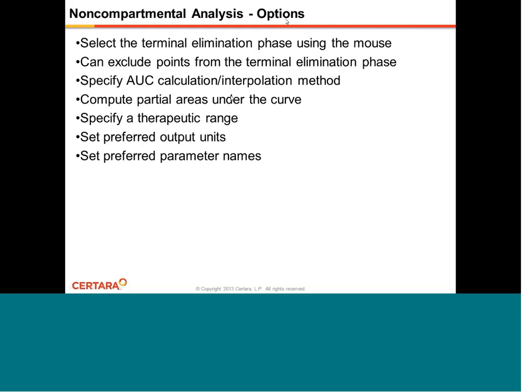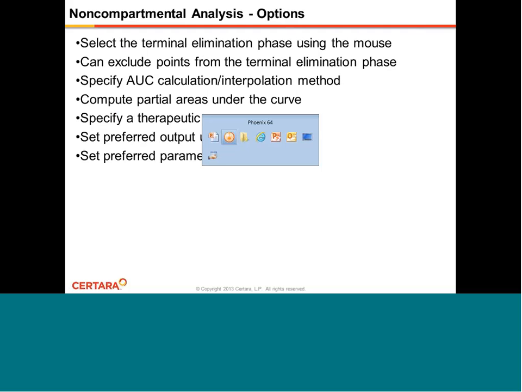And some of the options that are possible include selecting the terminal elimination phase with the mouse, specify the AUC calculation and interpolation methods, compute partial areas under the curve, specify a therapeutic range, and set preferred output units for the PK parameters as well as the preferred parameter names.